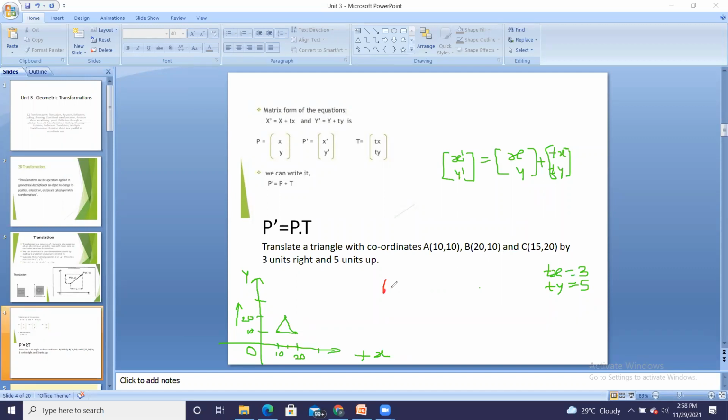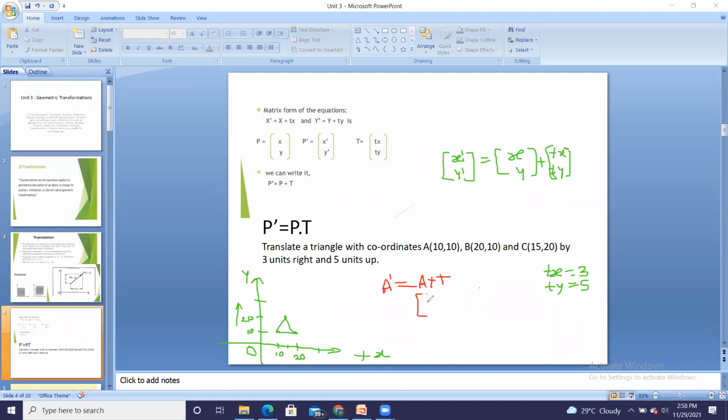So I will have here a dash. So what is the formula for a dash? The formula for a dash is A plus T. Yes. So original a plus t. So what is a here? A is 10, 10, because a is having x and y coordinates as 10, 10.